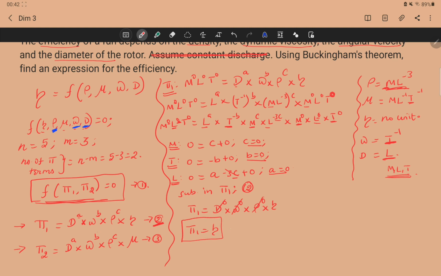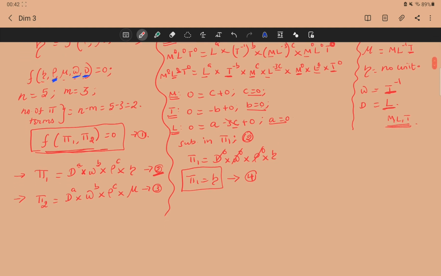So pi 1 equals efficiency. This is equation 4. So I have found pi 1. So all that we have to do now is find the values for a, b and c in pi 2.